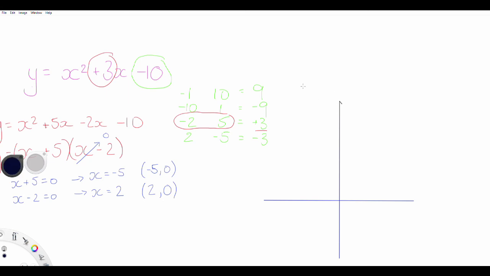Now, of course, what we're saying there is y equals 0 along this line here. That means that's the point at which the graph crosses the x-axis. And you've just defined and solved two locations. So you've said here 2, 0, and you've said here minus 5, 0.